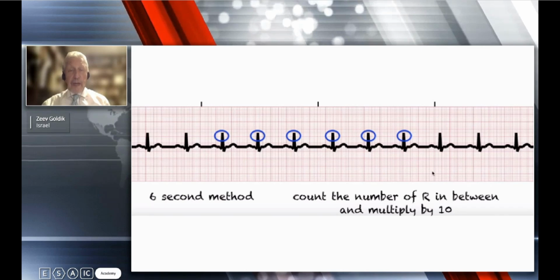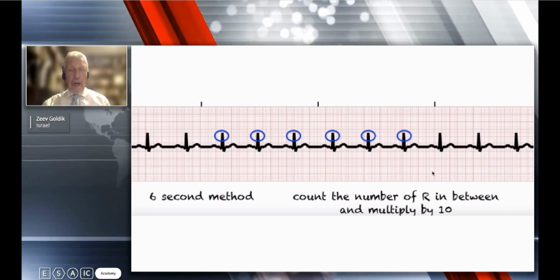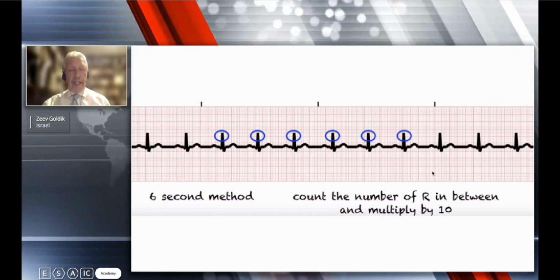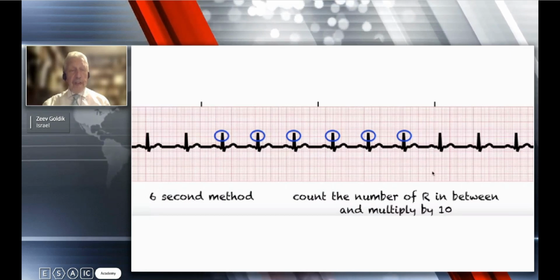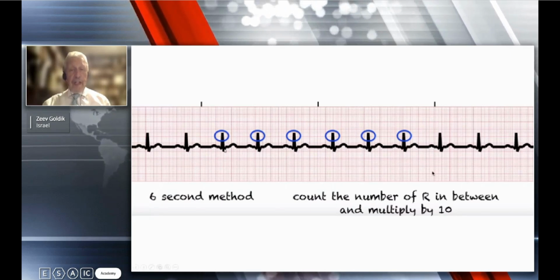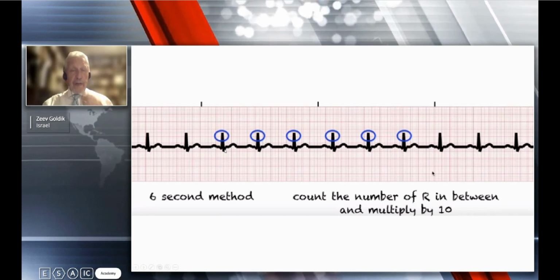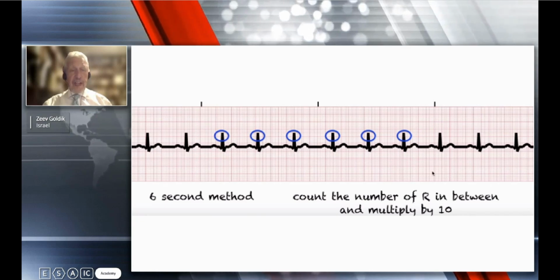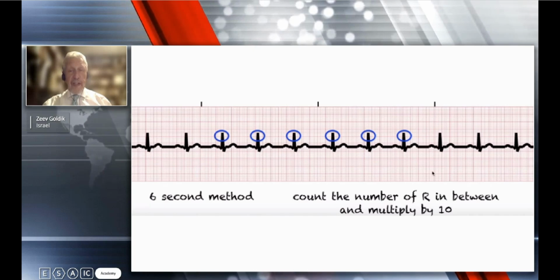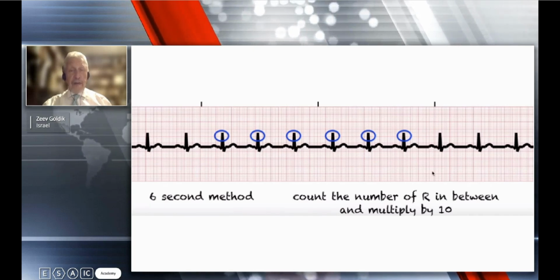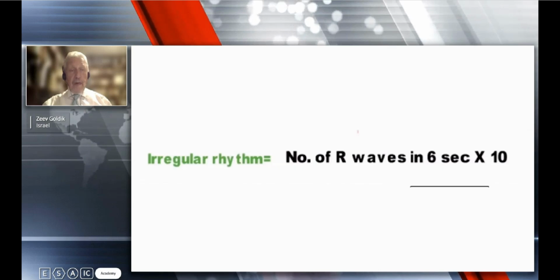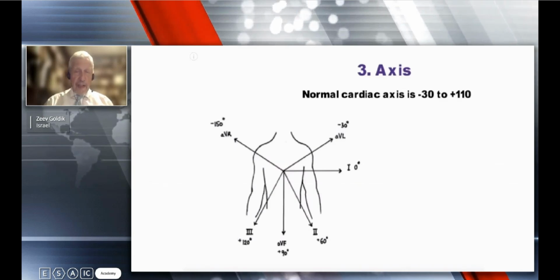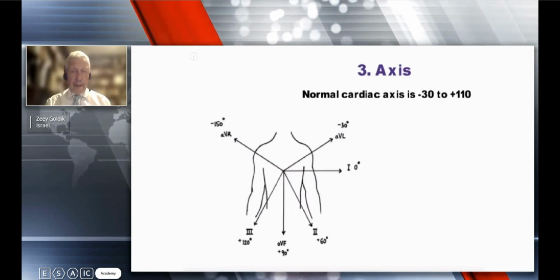And if we multiply it by 10, then we will know how many beats this patient has in 60 seconds, in 1 minute. This is for the irregular rhythm. That means that this patient has 6 multiplied by 10, 60. 60 is the rate of this patient. So now we know how to calculate the rate of the patient.